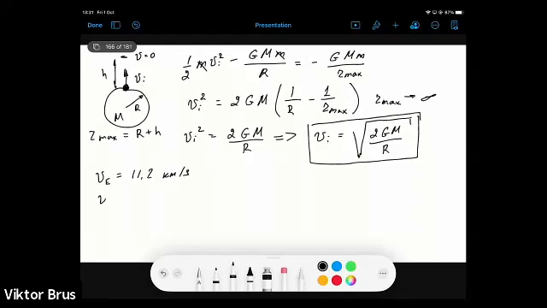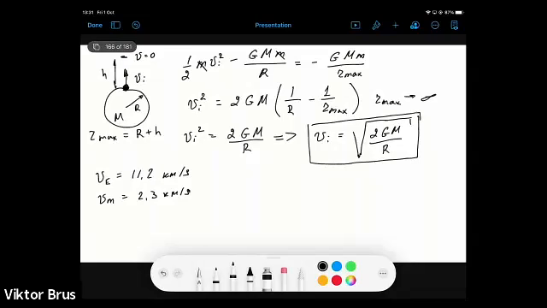For our moon, it will be 2.3 kilometers per second, much smaller because the mass of the moon is much smaller.